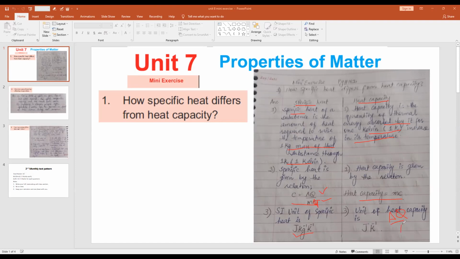This is equal to heat capacity, right? You have to write it over here instead of this. So this is the unit for heat capacity, and that is the unit for specific heat, joule per kg per Kelvin. So you have to write all three differences in the first question, because in the question they have asked how they are different from each other, right?